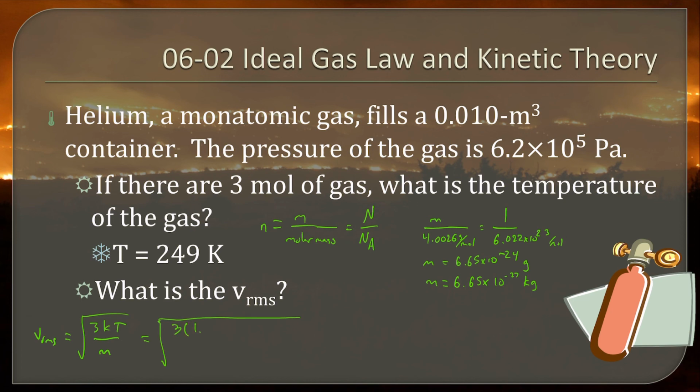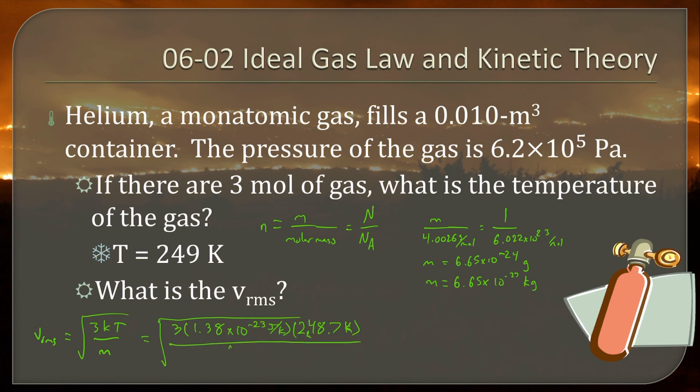k, Boltzmann's constant, is 1.38 times 10 to the negative 23 joules per Kelvin. T, which we found in the first part, was 248.7 Kelvin.